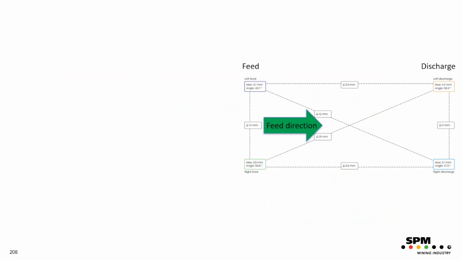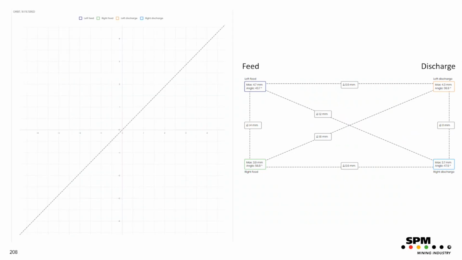Here we can see the screen from above. You have the feed side here, the discharge. You have the feed direction like this. You have the left feed, the right feed side, the left discharge, and the right discharge. And we have developed a dashboard that's showing the elliptical motion in each corner.